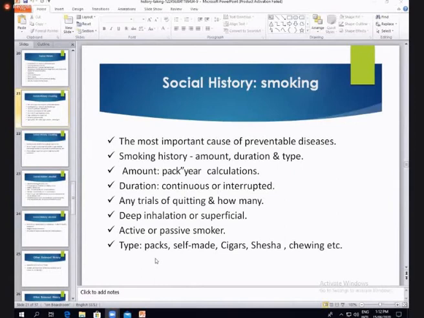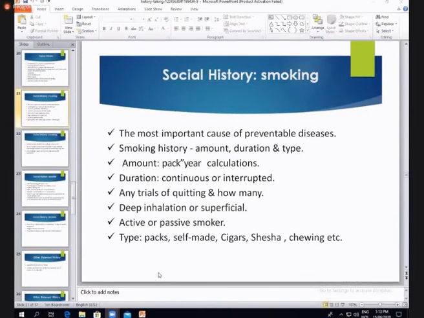Apart from that, the passive smoker, the person who is not smoking but is exposed to smoke fumes, is almost at the same amount of risk as an individual who is actively smoking. So you need to be aware, if your patient is not an active smoker, whether he is a victim of passive smoking or not.